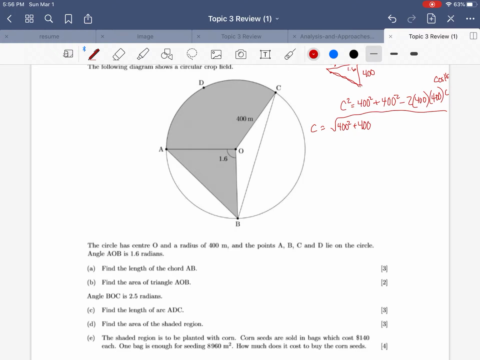Okay, let me fix that. 400 squared minus 2 times 400 times 400 times cosine of 1.6. And I put all of that into my handy dandy calculator, so I won't make any mistakes by putting it all straight in.